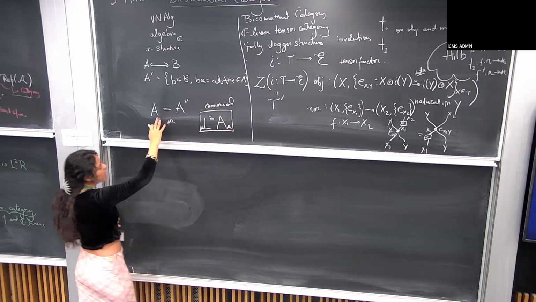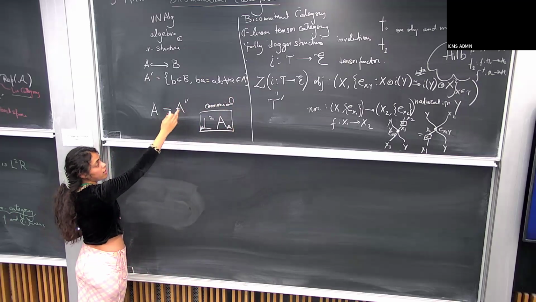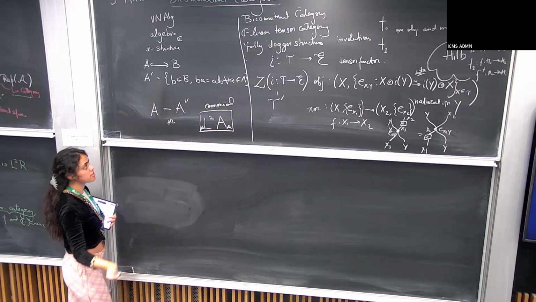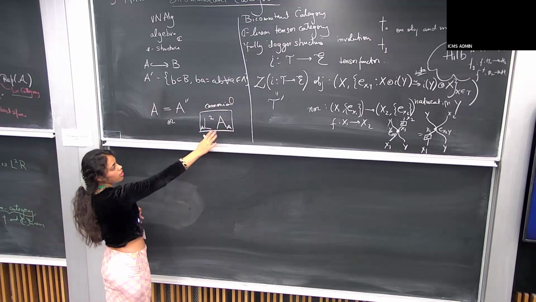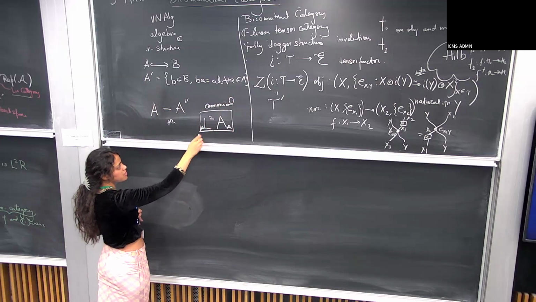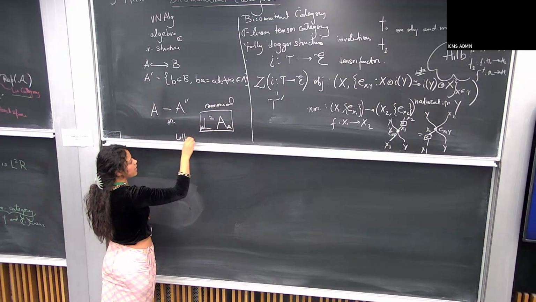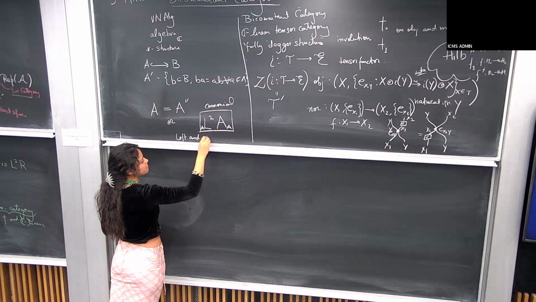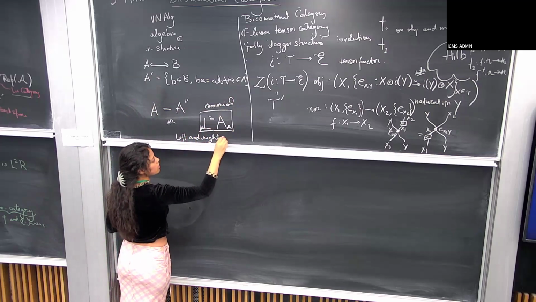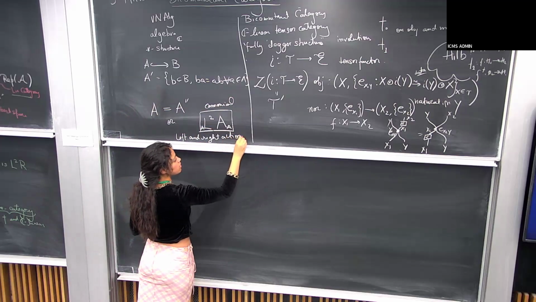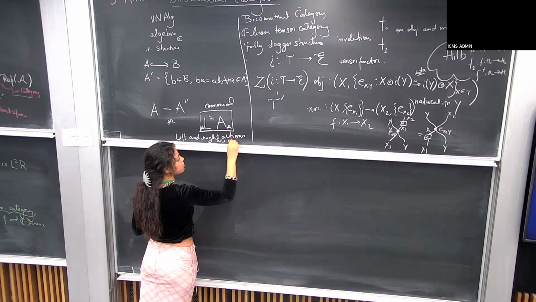So I can either say A equals A double commutant in some arbitrary representation that I choose, or I can use this canonical Hilbert space, which is a bimodule over A, and say the left and right actions are each other's commutants.